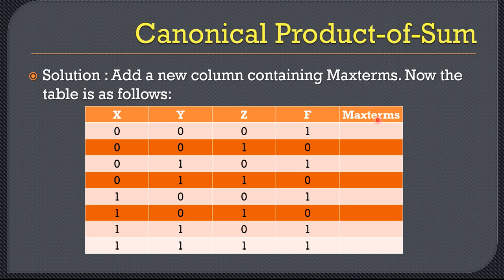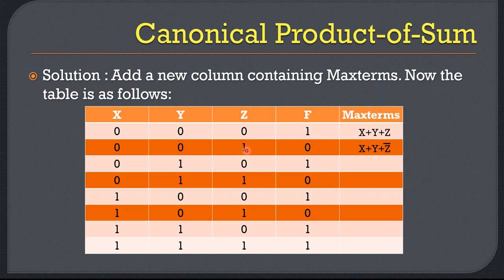Now, you are going to write complemented and uncomplemented variables for each row. For the first row, 0 0 0 can be written as x plus y plus z. Here it is the uncomplemented version, and you add all that. It is called a sum term. For the second row, 0 0 1, it can be written as x plus y plus z dash.